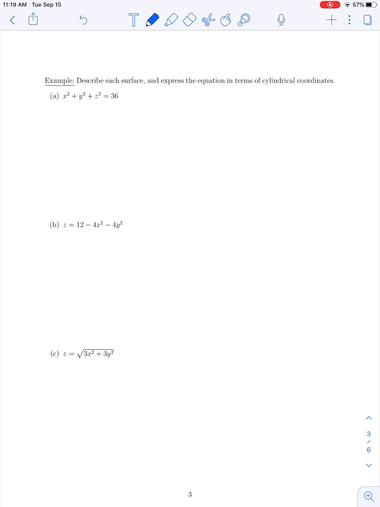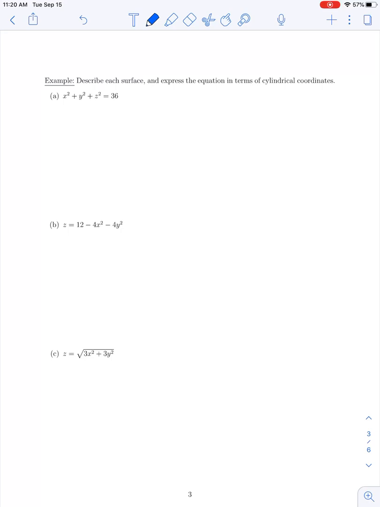Now let's look at some problems moving in the opposite direction. I mentioned that certain types of surfaces can be more easily described by an equation in terms of cylindrical coordinates instead of rectangular coordinates. So let's take a look at some examples of surfaces like that.